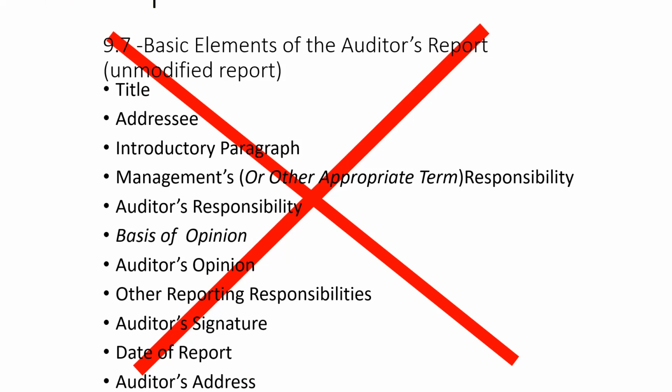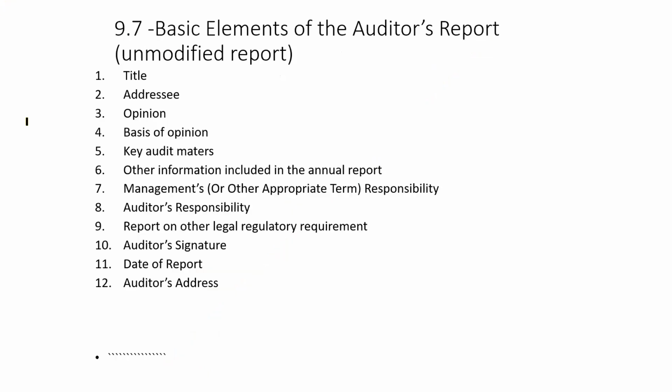So until 2017, audit reports used this format. So your assignment is to get yourself an audit report that was prepared before 2017 and just go through to see if it follows this format.